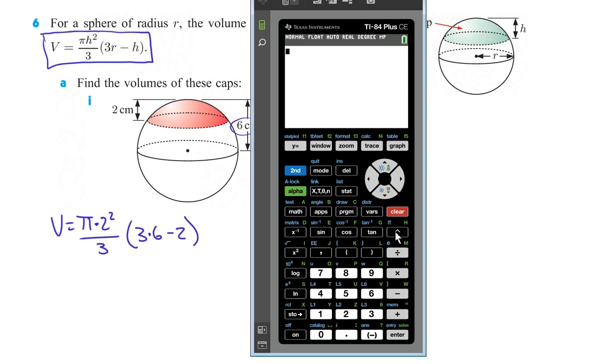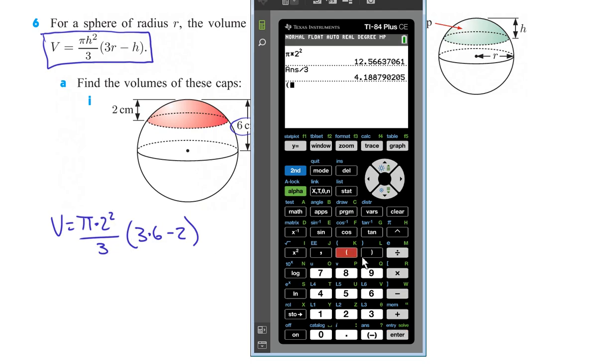So we've got pi. There we go, pi. And use the pi button instead of the 3.14, because the pi button is going to give you a much more accurate answer. Times 2 squared, and that gives us 12.56, divide that by 3, and that's 4.188, which is pi times 2 squared over 3.